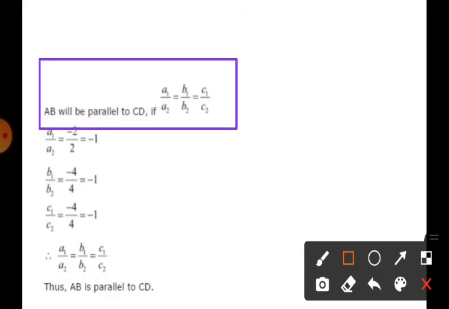Now put them in. A1 by A2 is equal to minus 2 by 2, which is minus 1. B1 by B2 is equal to minus 4 by 4, which is minus 1. C1 by C2 is minus 4 by 4, which is minus 1. So all the ratios are equal. Thus AB is parallel to CD.